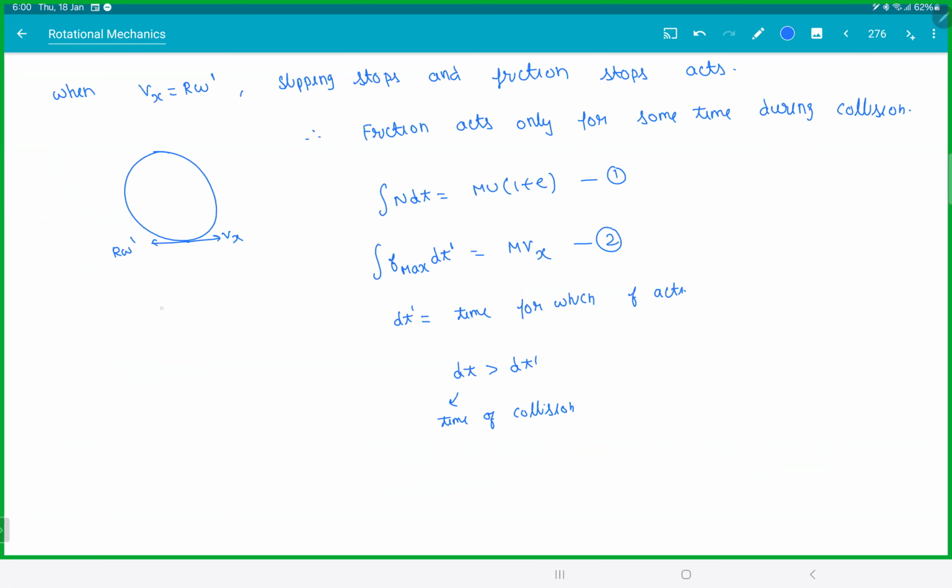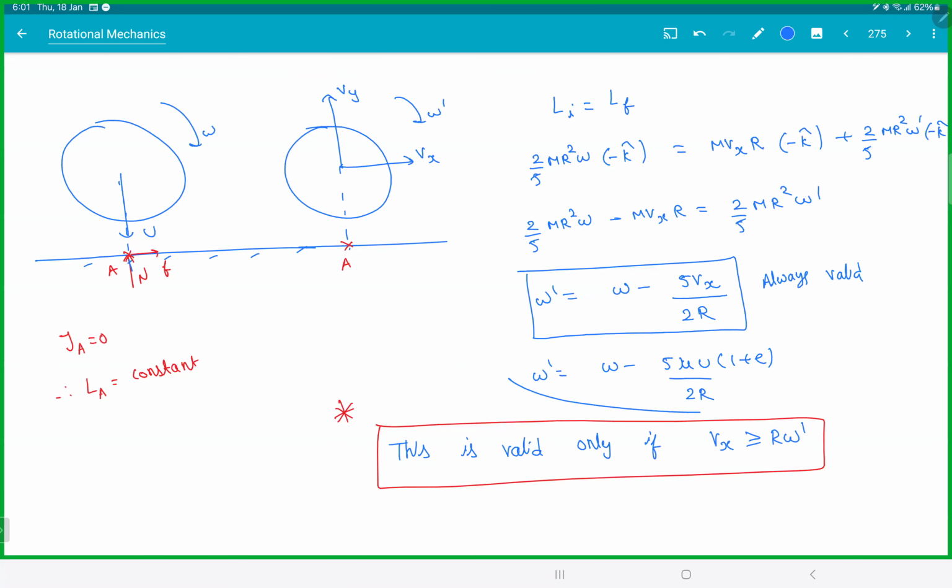But luckily, I know the answer for Vx already. So I know Vx is equal to R omega dash. I know Vy is equal to U. And I know omega dash is omega minus 5Vx by 2R. So if you solve them, I'll get my new Vx and new Vy. So you have to check here. After doing this, you have to check whether R omega dash is greater or less than Vx.